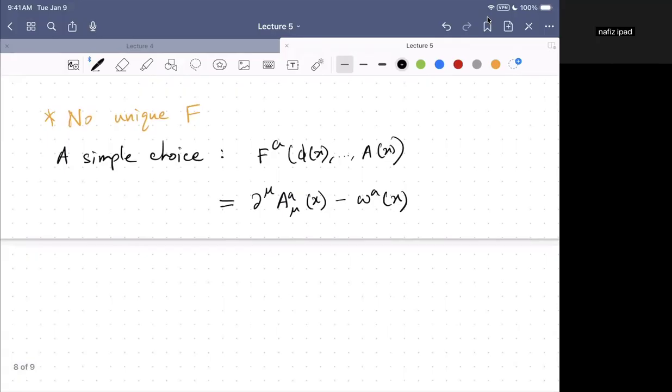Okay, so what are the properties of the same? It only depends on the gauge field. It is Lorentz invariant.